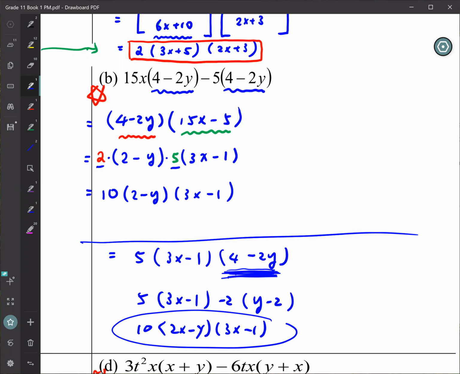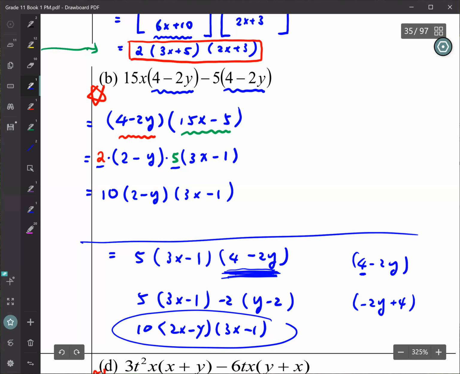And for the second one, I know that you took out -2, but it's best that, because the 4 minus 2y, the first digit is not a negative, you don't need to take out a negative with it, okay? Unless the question looks like this, if the question has a negative at the front, then you take out the negative. Otherwise, you just keep it.